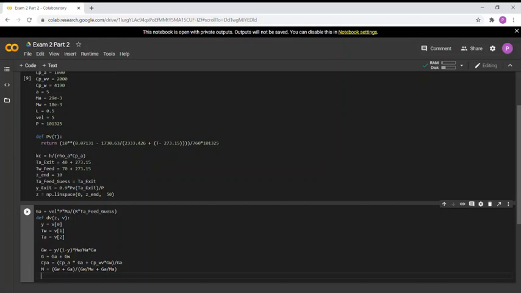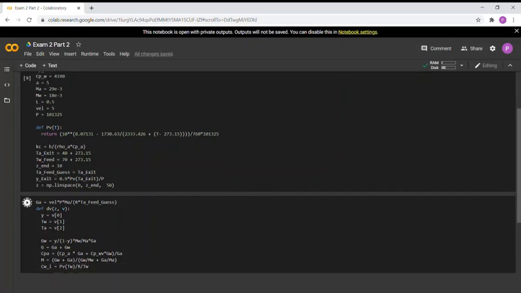And we have C water, concentration of water at the interface, equals PV at this is P, over R over temperature.